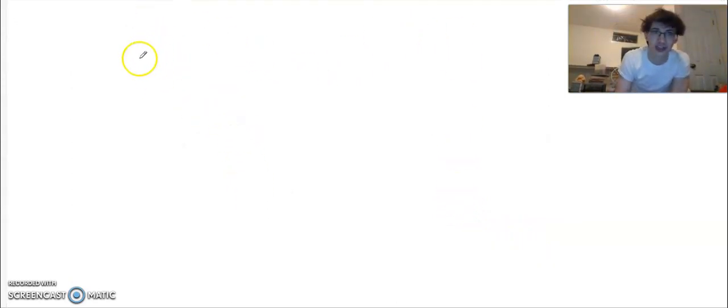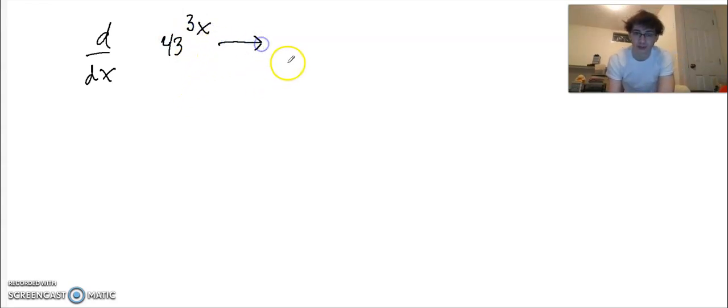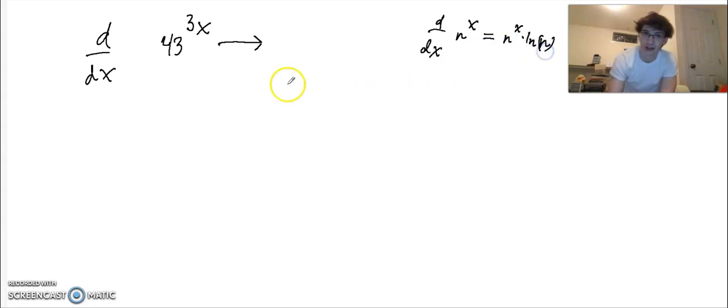So let's continue. Let's do d dx of, I don't know, let's do some ugly numbers, like 43 to the 3x. So we have our basic rule here: the derivative of n to the x equals n to the x times the natural log of n.